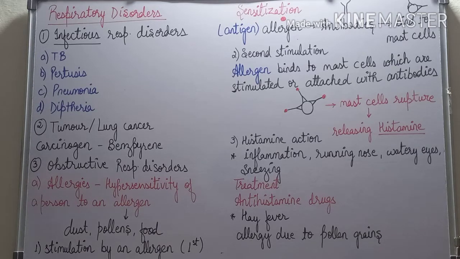In an uncontrolled manner, it triggers certain cells to divide rapidly, and due to that uncontrolled division of cells, it leads to the formation of tumors, and tumors ultimately convert into lung cancer if not taken care of at the initial levels. So this is the second type of respiratory disorder, tumor or lung cancer, which is caused by carcinogens.